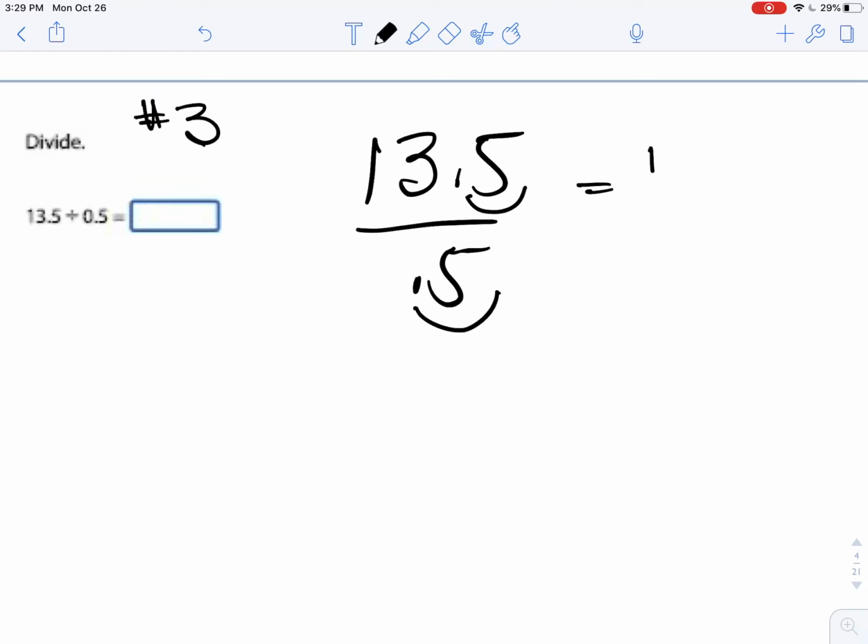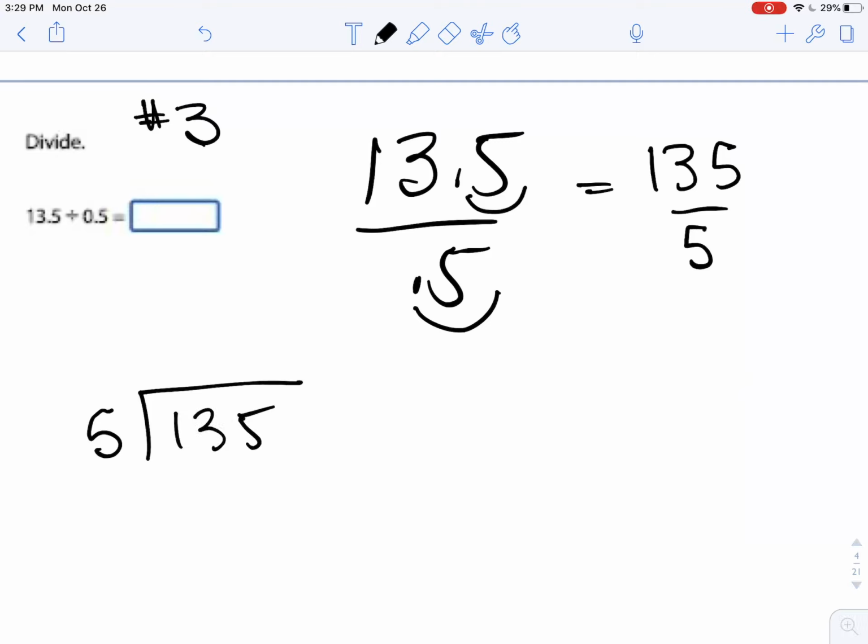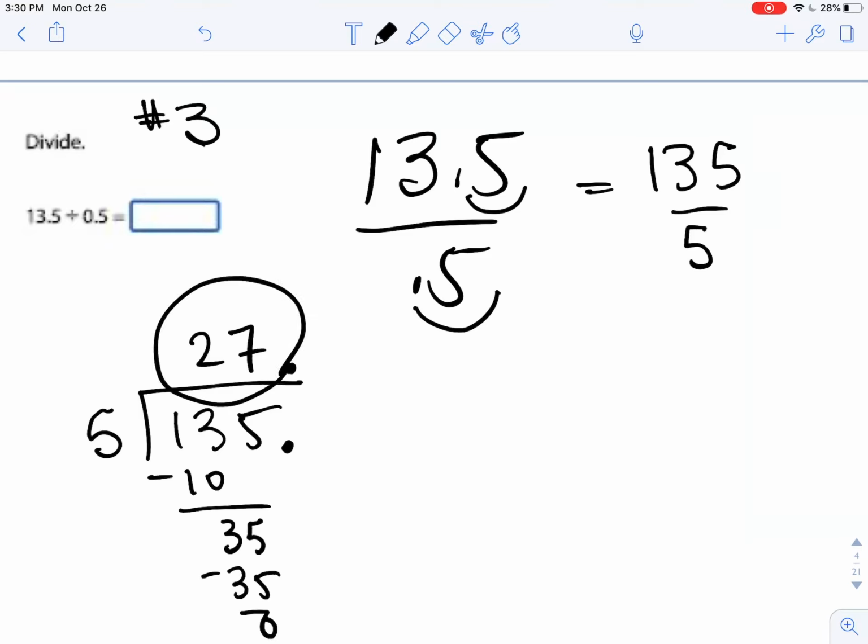So the new problem becomes 135 over 5. 5 goes into 135, the new decimal point here, up, 2, 10, 35, 5 goes into 35, 7 times. Oh, and then also what I want to do is check 13.5 on the calculator, divided by 0.5, and I get 27. So sure enough that this is correct.